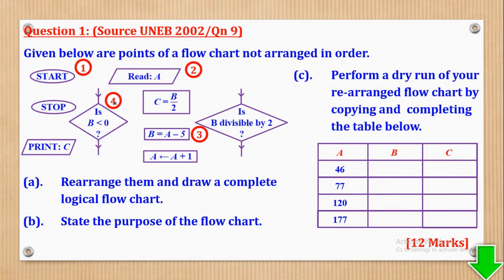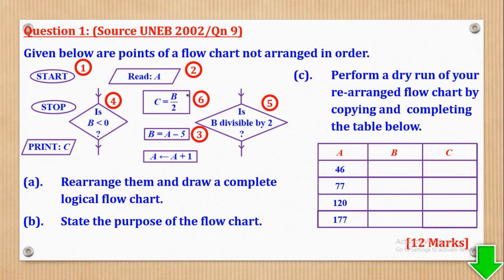After ensuring that it's positive, you go and ask yourself, can that positive value be divided by 2? And if it is yes, then you can go and get your C, because C is B divided by 2 and we don't want fractions. So you have to first fulfill this condition. First this one, that it is positive. Next, this one, that it is divisible, then from there you can go and divide.